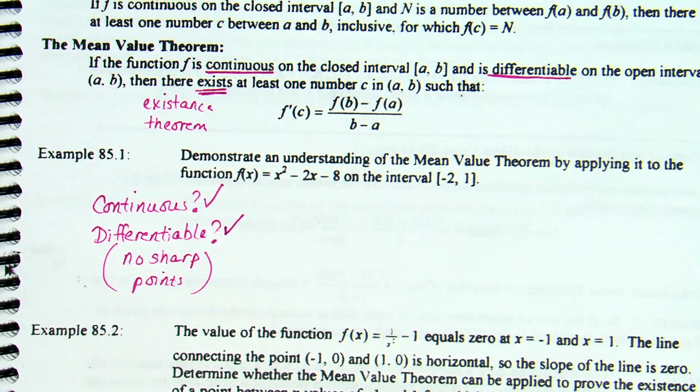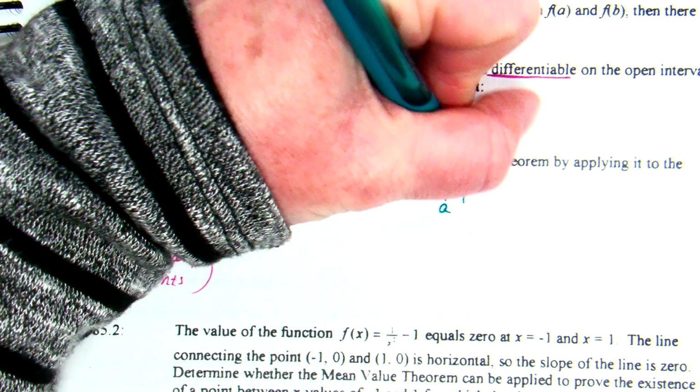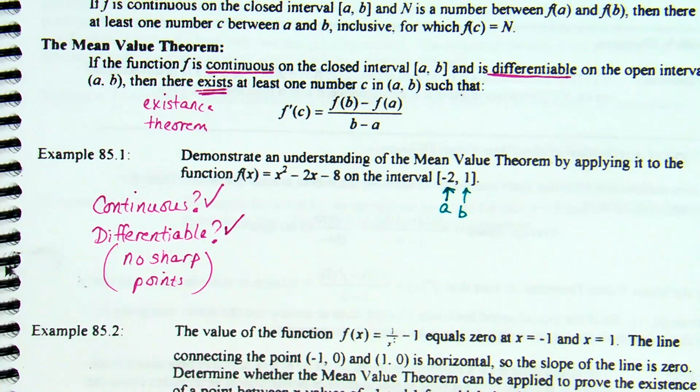So what is f of negative 2? When you put in negative 2, you get 0. Okay. What is f of 1?